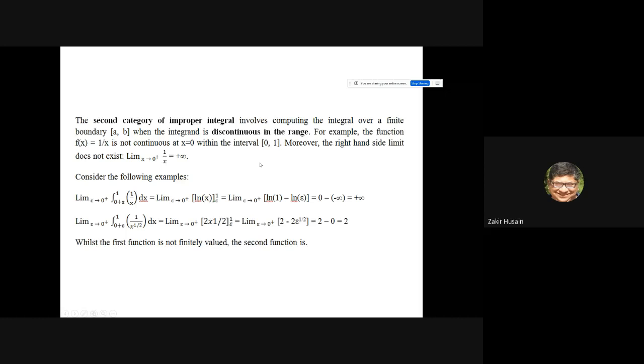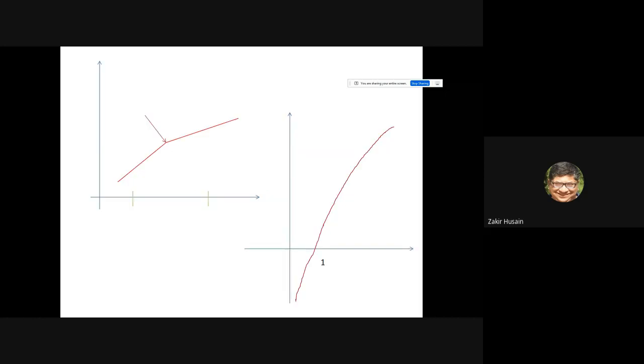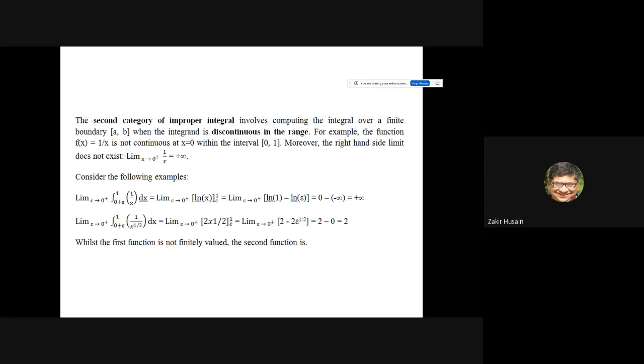Now the second category of improper integral involves computing the integral over a finite boundary when the integrand is discontinuous in the range. Like here, it is discontinuous at some point. For example, the function f(x) equal to 1 by x is not continuous at x equal to 0. It becomes infinite. So suppose we take the interval 0 to 1.